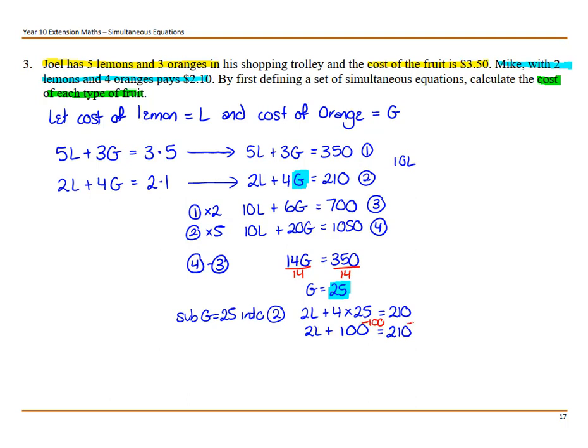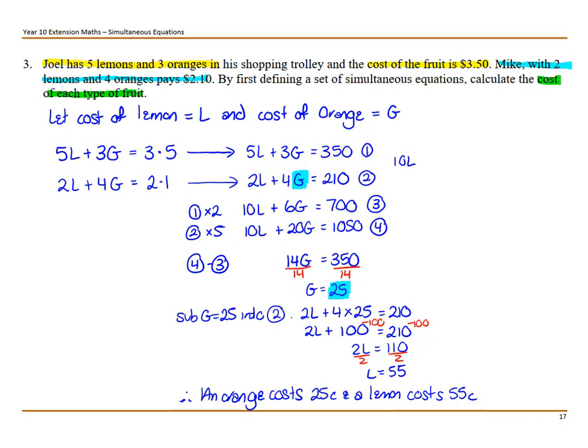Minus 100 from both sides. 2L equals 110. Divide both sides by 2 and L equals 55. Therefore, an orange costs 25 cents and a lemon costs 55 cents.